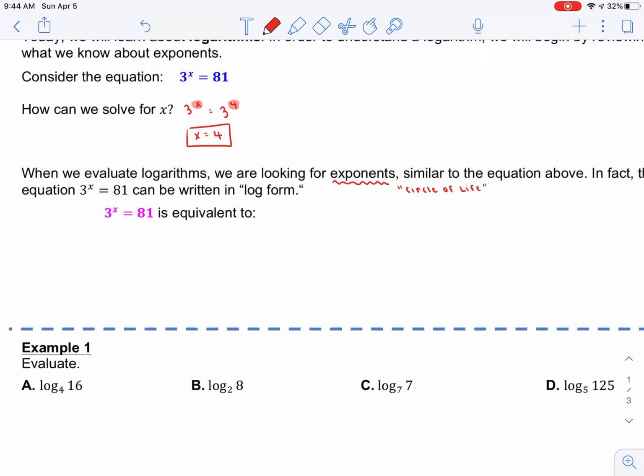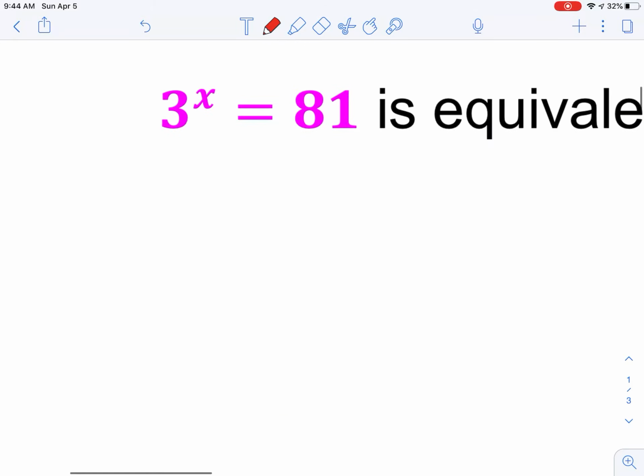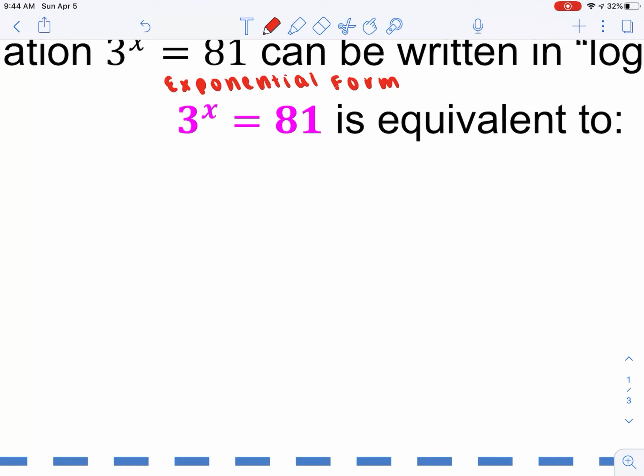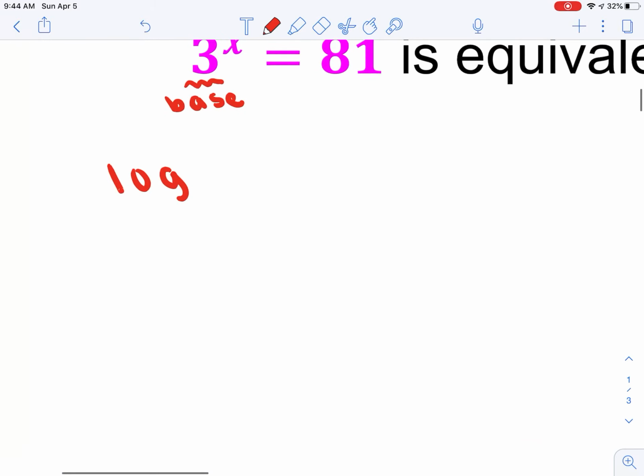Now, what is log form? When you have something that looks like this, it's what we call exponential form. You are going to be asked many times to write things in log form. A log form is when you take the log and whatever the base number is of your exponential form, that becomes the base number of your log.